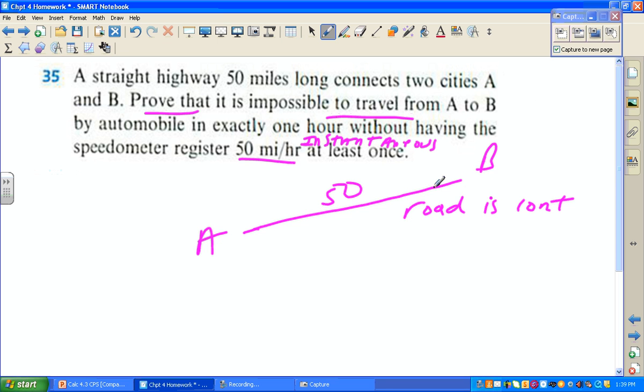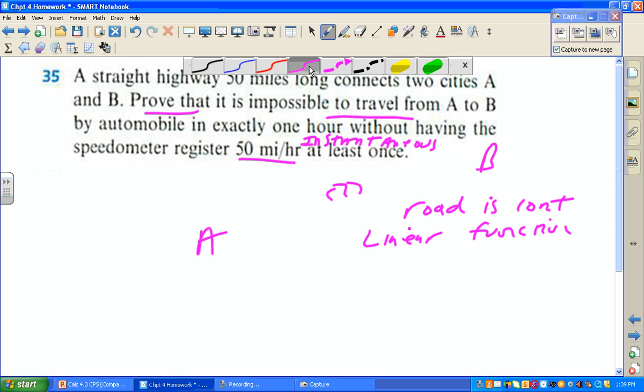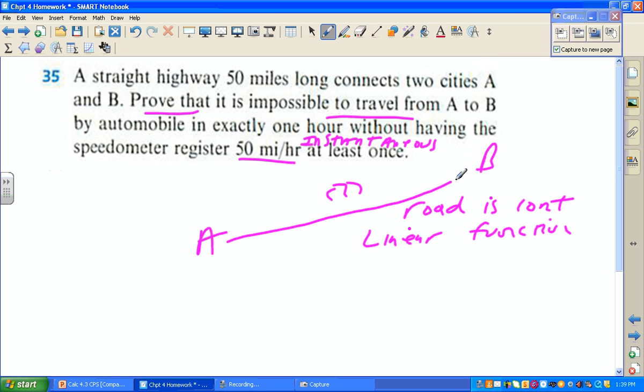Thereby connected by a straight line, linear function. Well, it doesn't say it has to be a straight line, does it? I think I'll put a twist into it. Straight highway. A straight highway. That takes all the fun out of it.